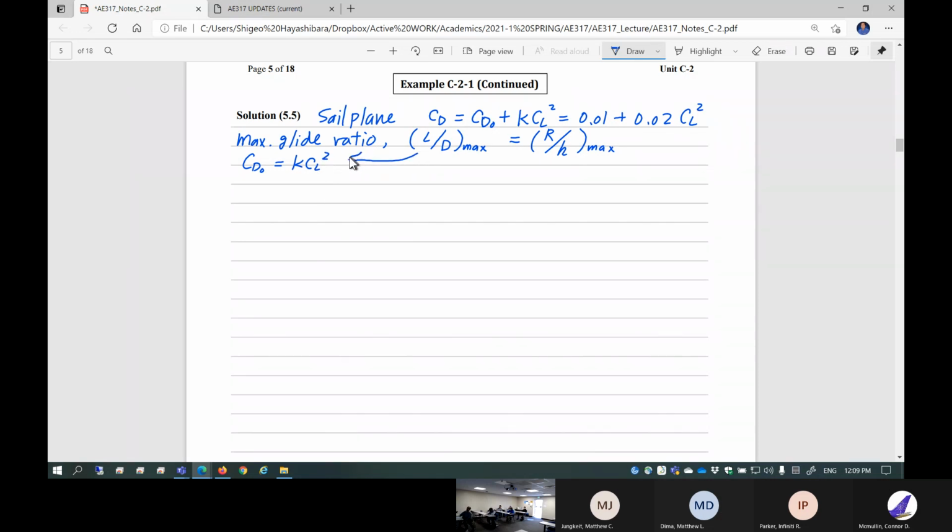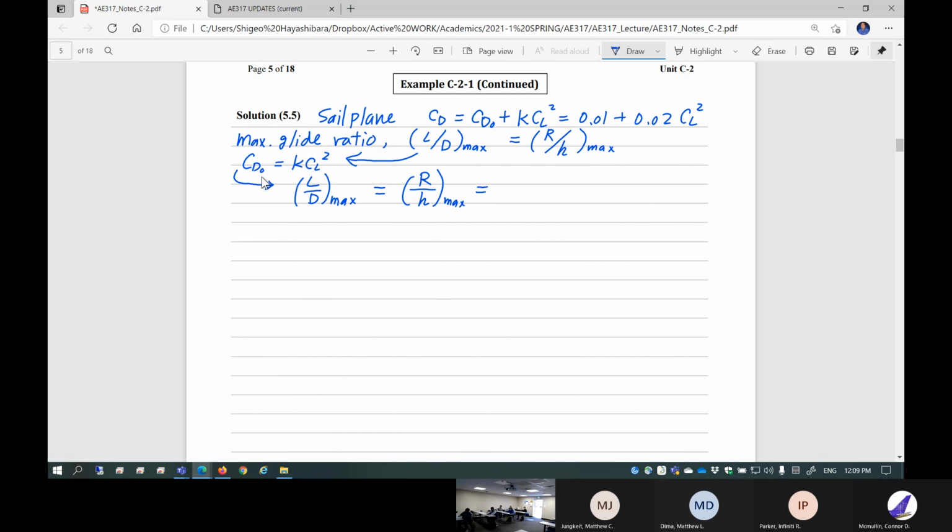In order to have a maximum lift to drag ratio, you need to have the parasite drag coefficient equal to the induced drag coefficient. This is the condition. That's right. So from here, you can get the equation of L over D max, which is essentially equal to R over H max.